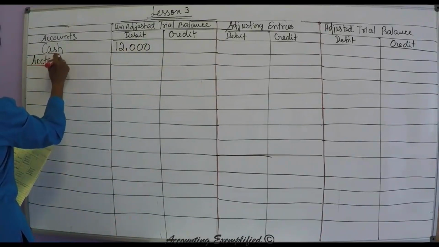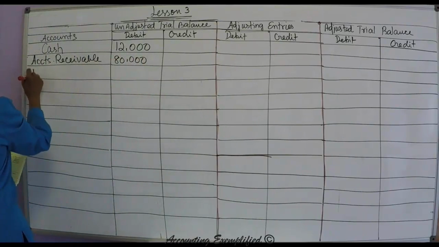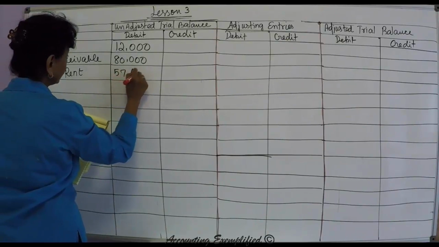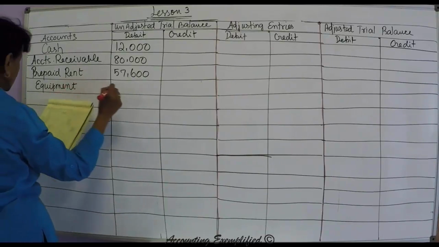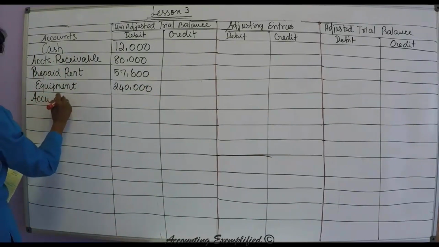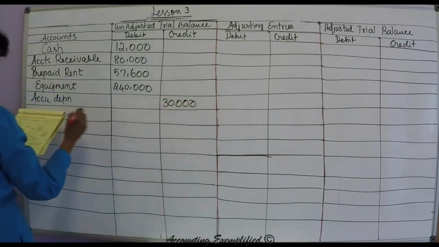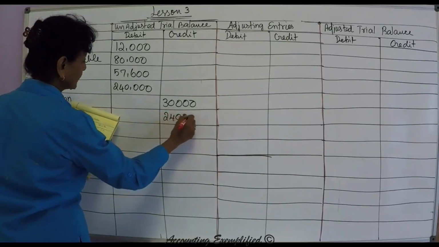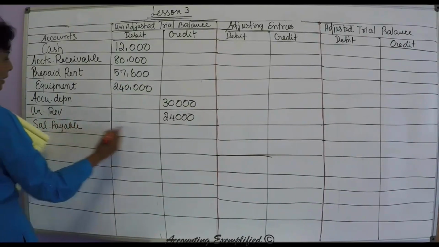Accounts receivable balance was 80,000, and then we have prepaid rent that had a balance of 57,600, and then you have equipment that has a balance of 240,000, and then the accumulated depreciation for this equipment had a balance of 30,000, and then you have unearned revenue that had a balance of 24,000, and then we are going to have an account called salary payable for 0.